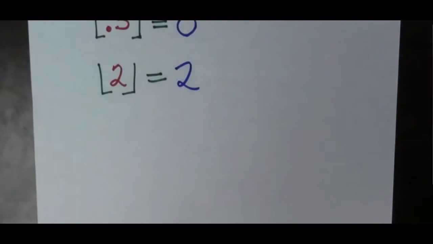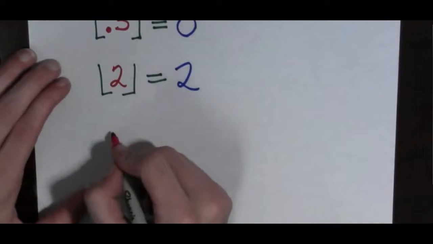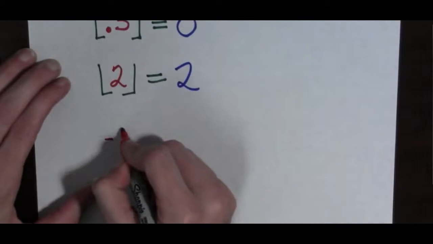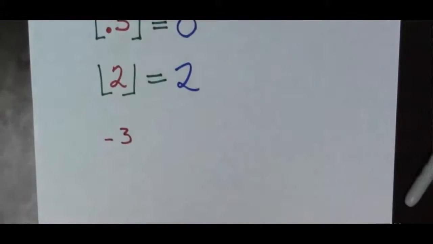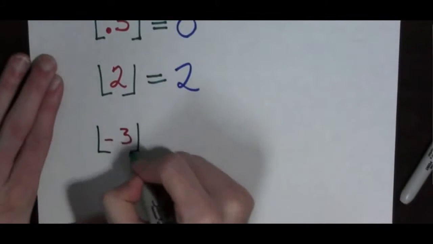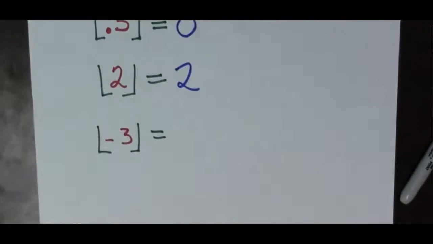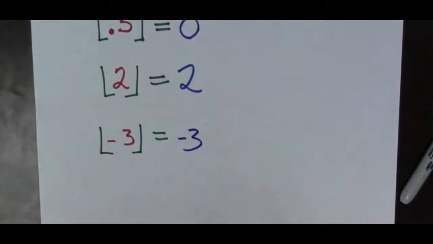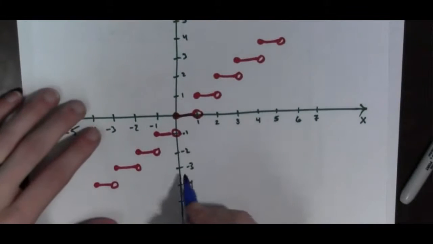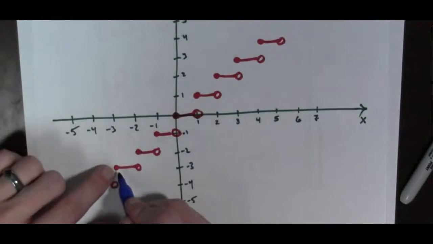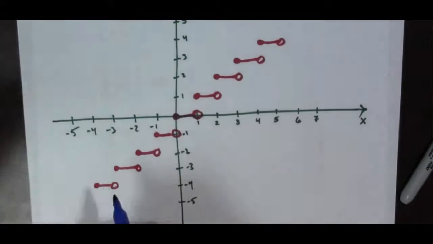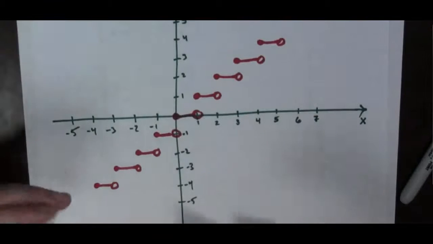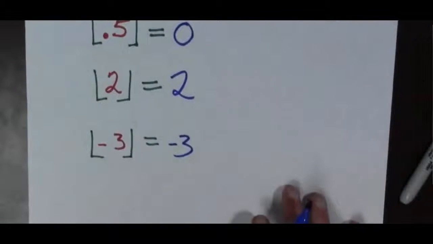And let's do one more example. How about negative 3? What's the greatest integer that's less than or equal to negative 3? Well, the greatest integer is going to be negative 3 again. So let's look at the graph. Negative 3 is an integer itself, and it is the greatest integer that's less than or equal to negative 3.